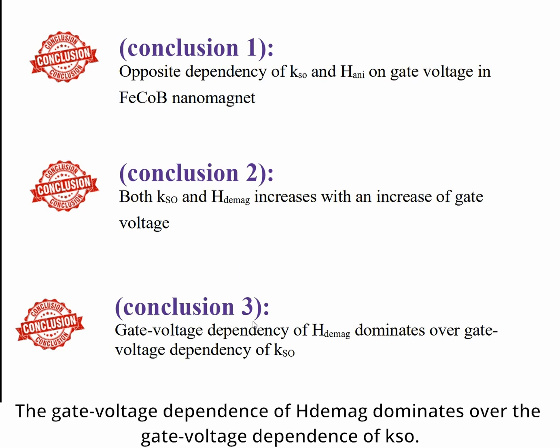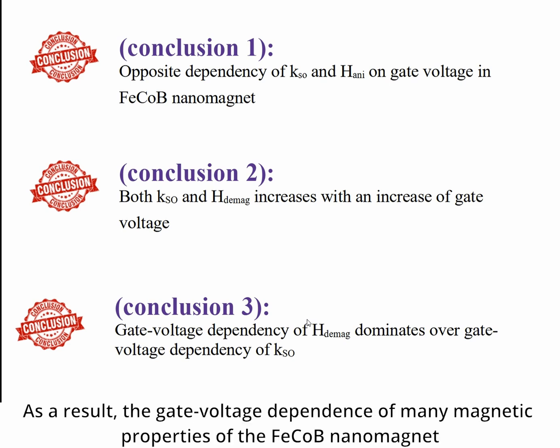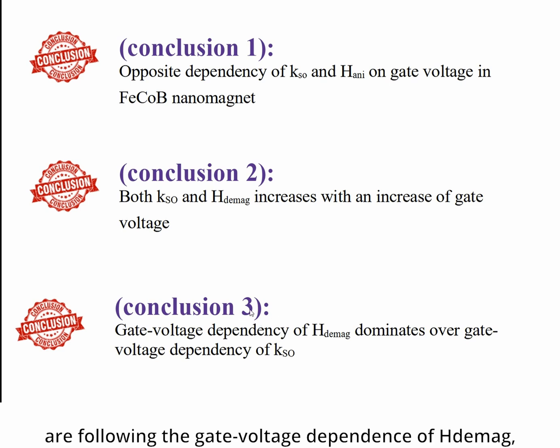The gate voltage dependence of demagnetization field dominates over the gate voltage dependence of coefficient of spin-orbit interaction. As a result, the gate voltage dependence of many magnetic properties of iron-cobalt-boron nanomagnet follows the gate voltage dependence of demagnetization field, but not the gate voltage dependence of spin-orbit interaction.